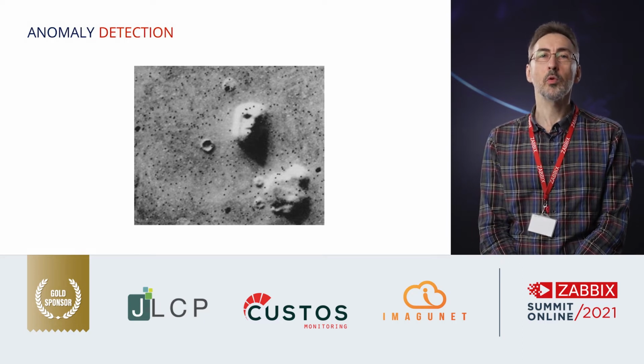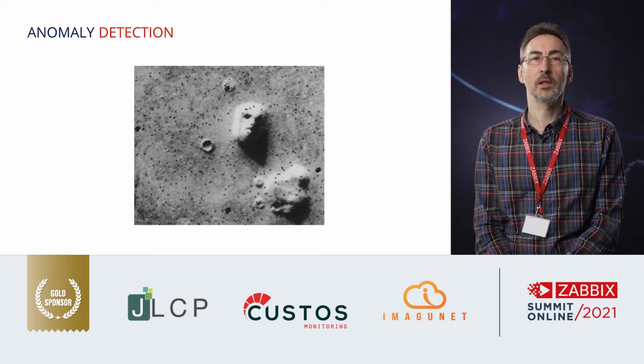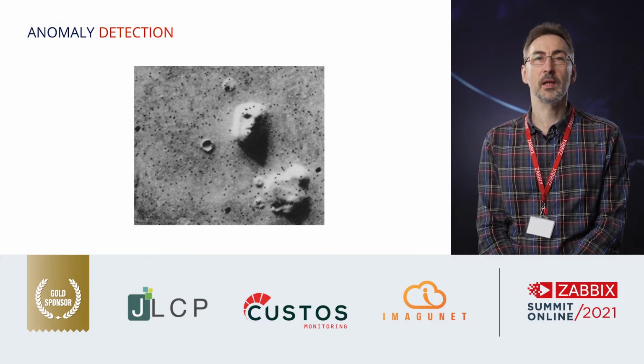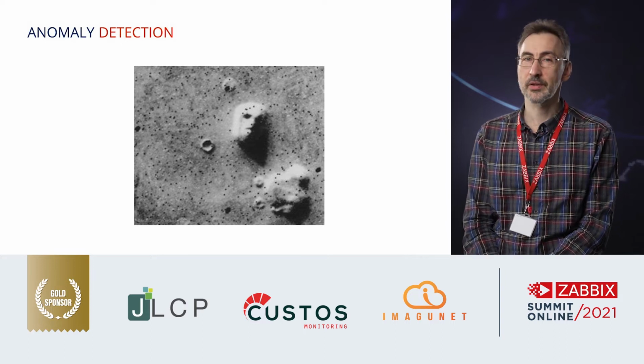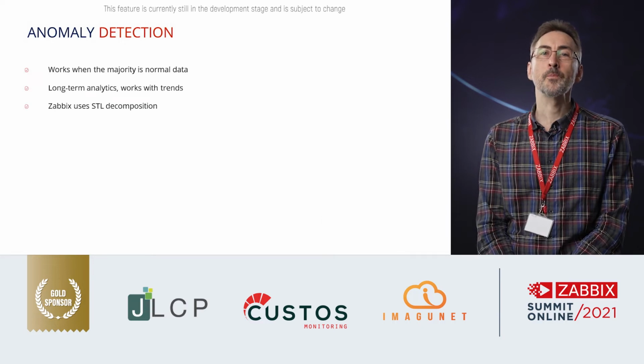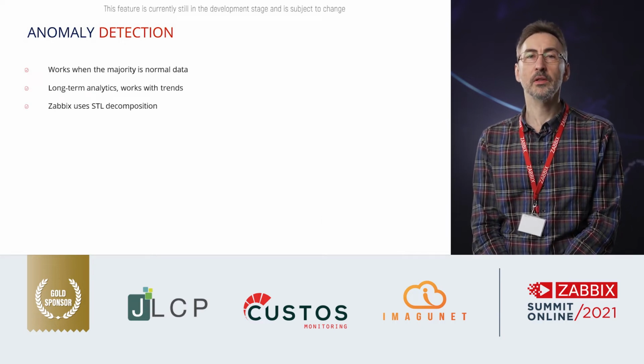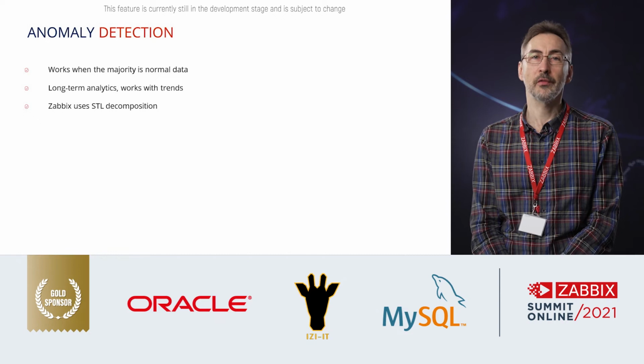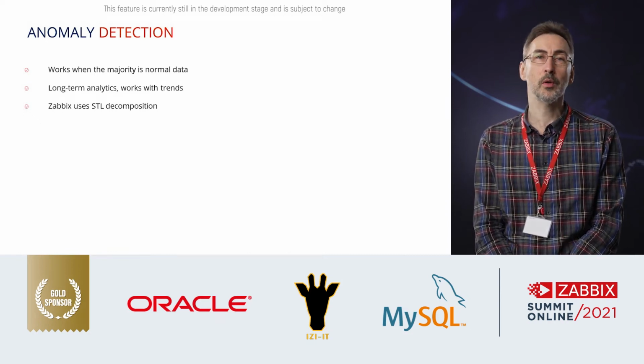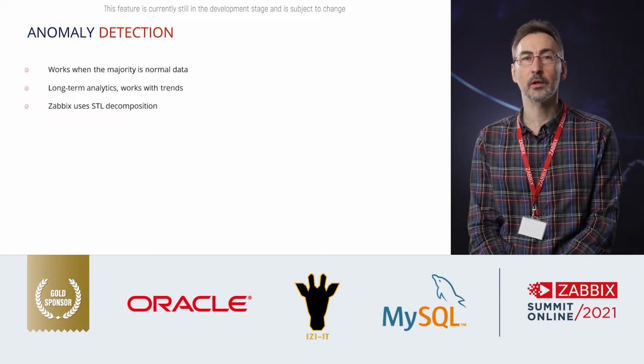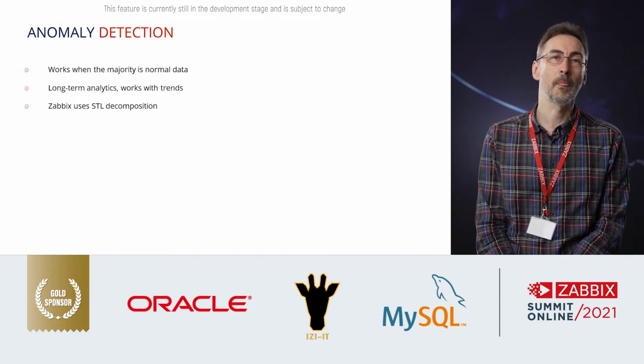Let's have a more detailed look into anomaly detection and see how it's implemented in Zabbix. Once again, anomaly detection is the process of identifying unusual values, called outliers, in history where the majority of values are considered to be normal.